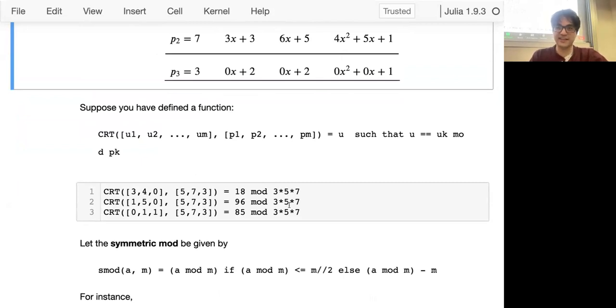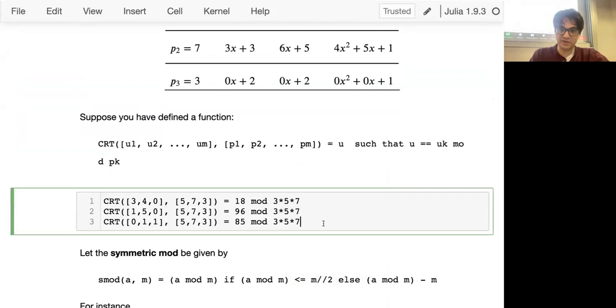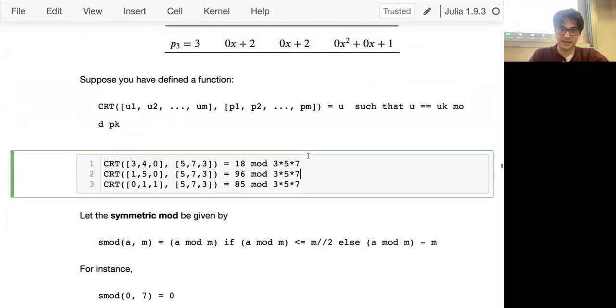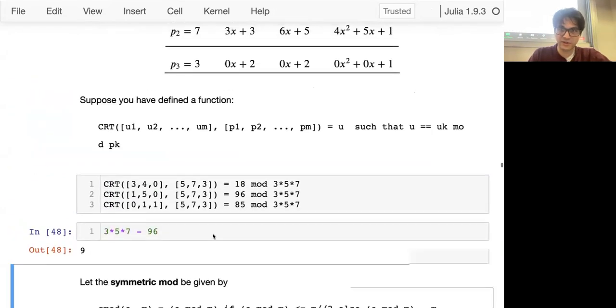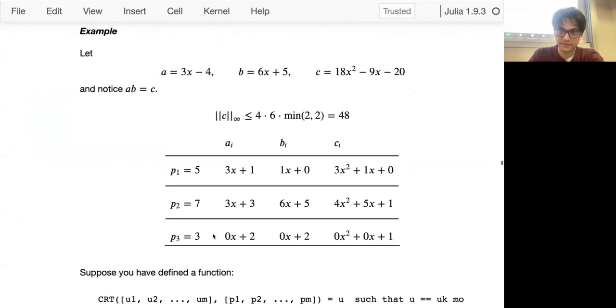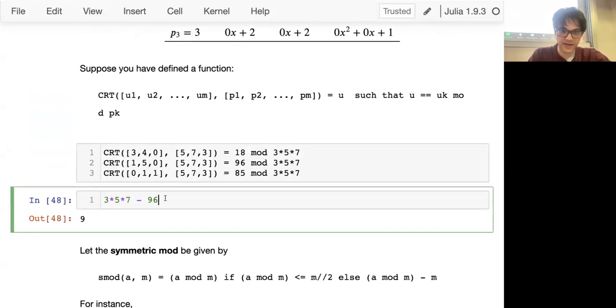Okay, let's see. Maybe I can do this. I want to know what 3 times 5 times 7 minus 96 is. Or did I do that backwards? I did it backwards. Minus 9.